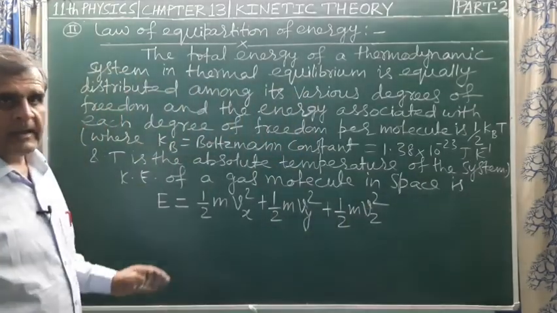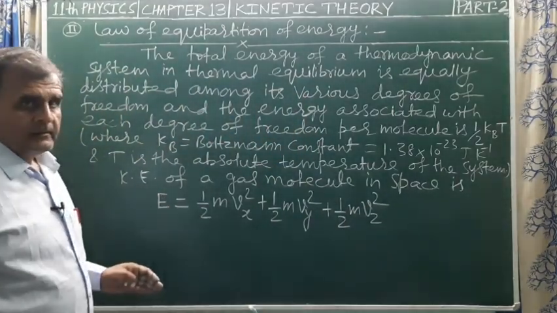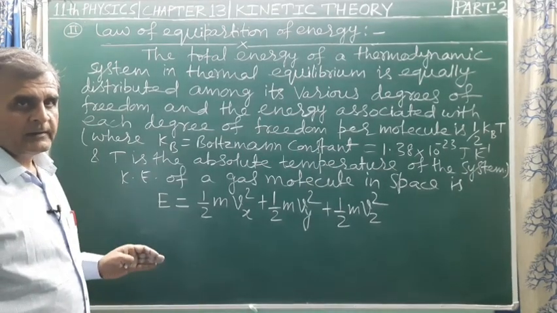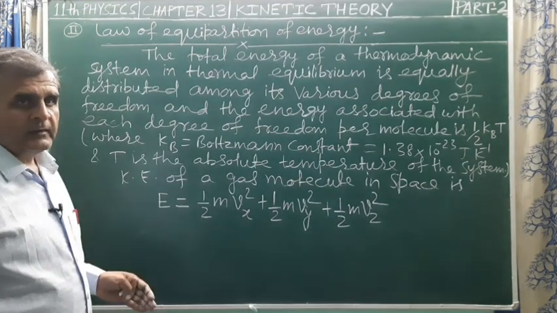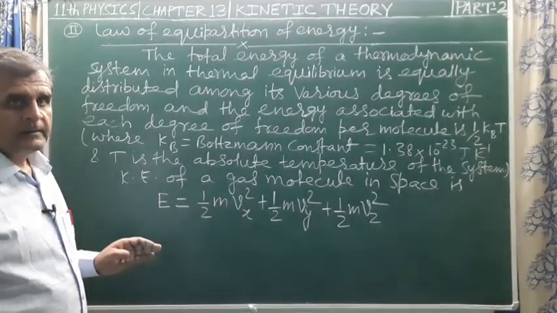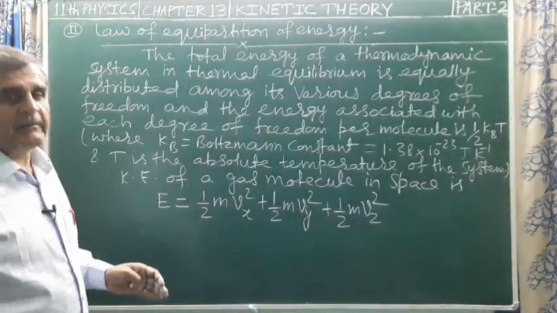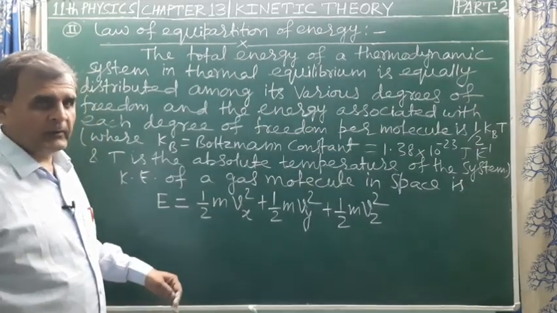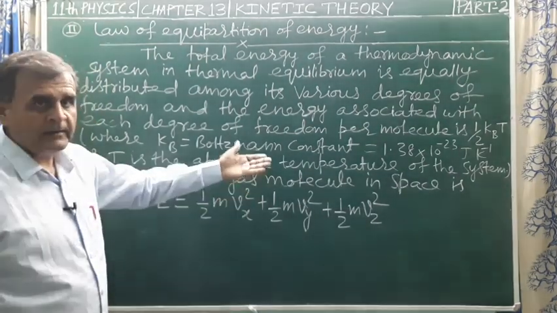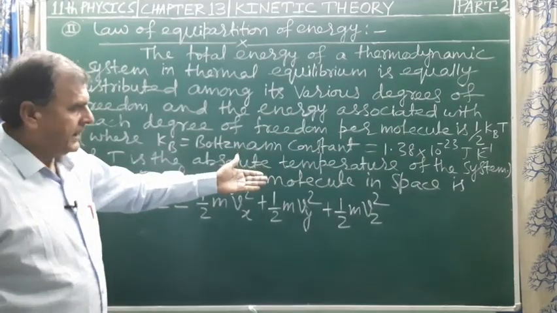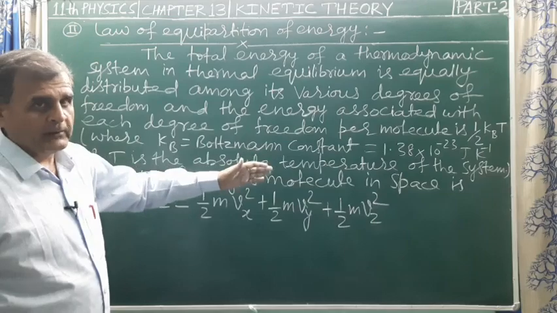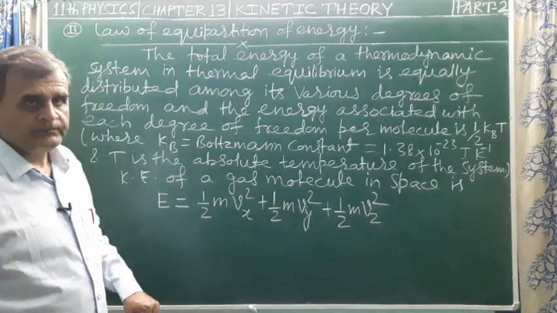Here we have taken three components of velocity of a gas molecule, because the motion of a gas molecule in space is three-dimensional. So Vx is the x component of velocity of a gas molecule, Vy is the y component of velocity, and Vz is the z component of velocity of a gas molecule under consideration.